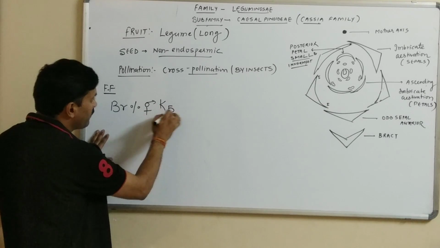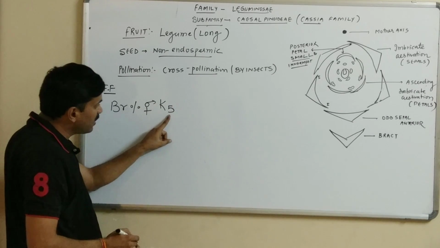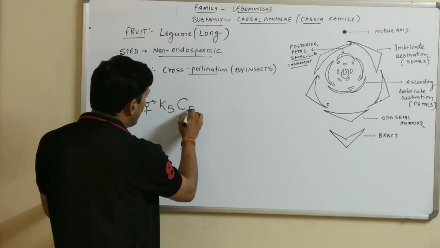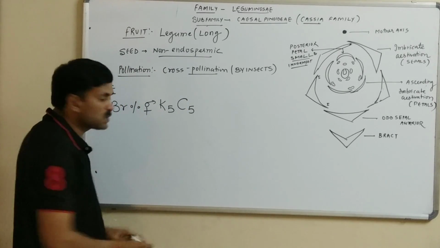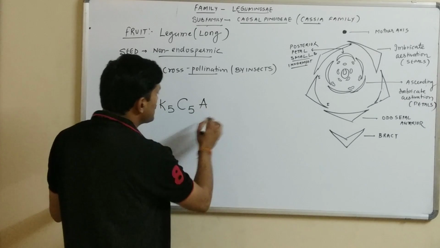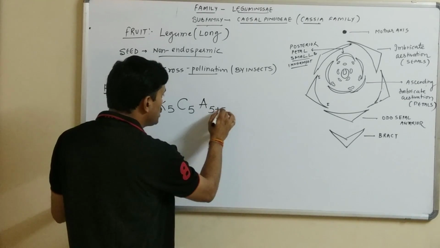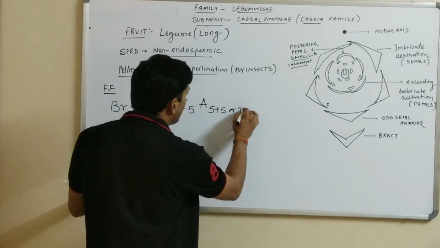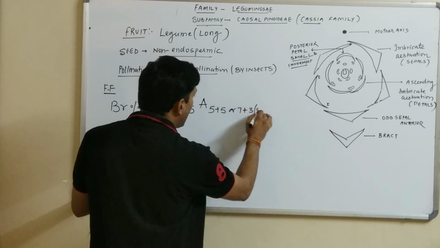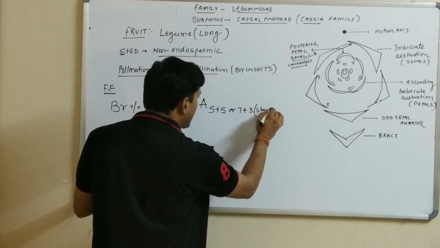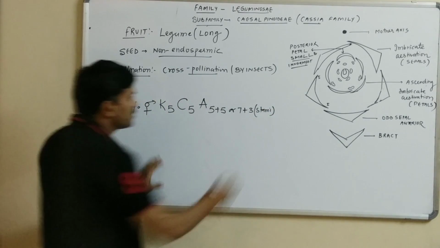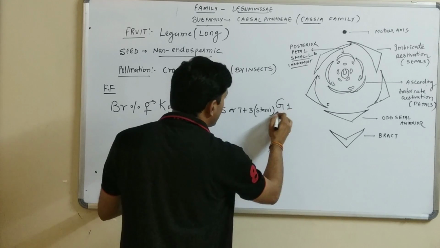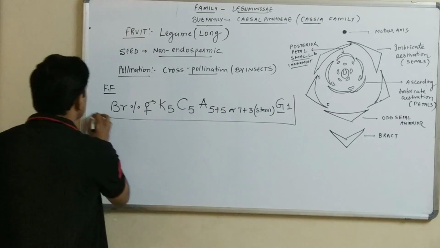Calyx consists of 5 sepals which are free. Corolla consists of 5 petals which are also free. Androecium consists of a total of 10 stamens found in 2 whorls, 5 plus 5, or we can say that 7 are fertile and 3 are sterile, which are also called the staminodes. Gynoecium consists of 1 carpel, monocarpellary condition, and ovary is superior.